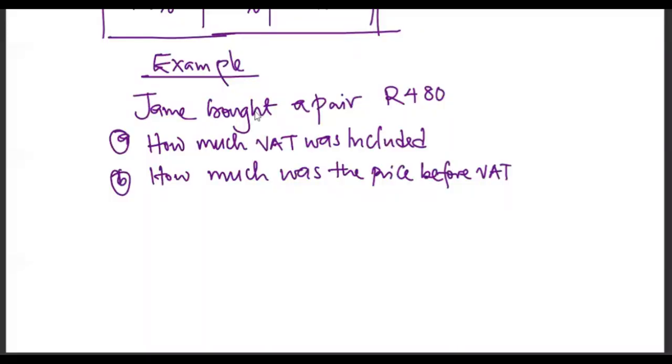Now, James bought a pair of shoes worth 480. The moment the person buys, this price already includes what? The price already includes VAT. So they're asking you how much VAT was added or how much VAT was included.